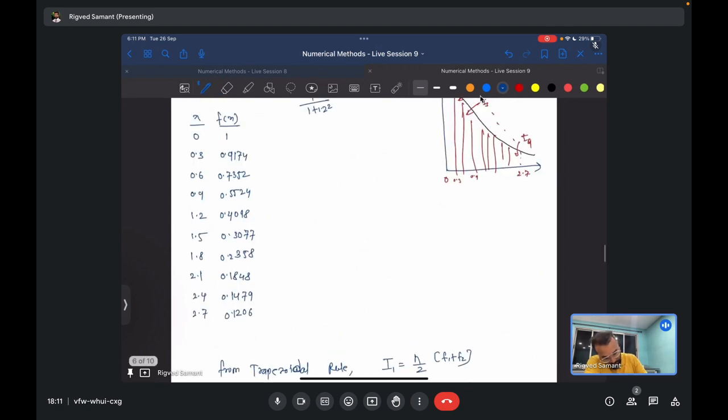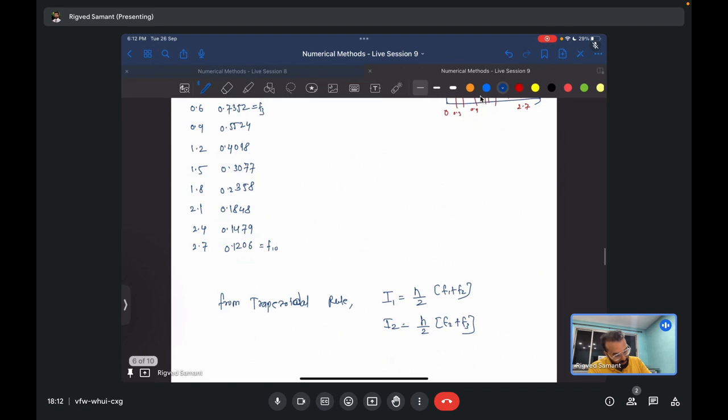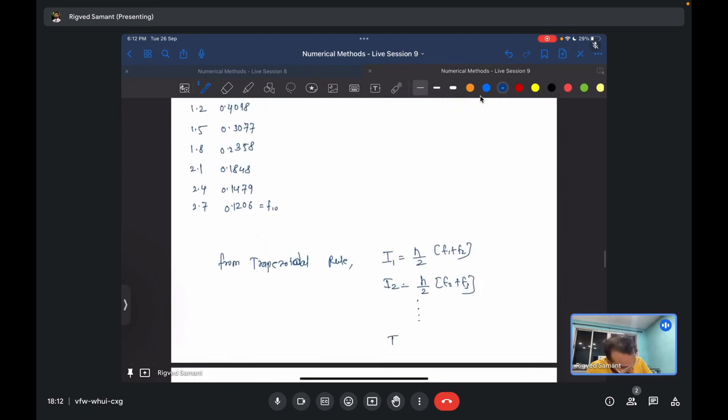So this is f1, this is f2, this is f3, and so on till f10. These are 10 data points and 9 intervals. From each interval you will get a value like this, till I9 is equal to h by 2 into (f9 + f10).